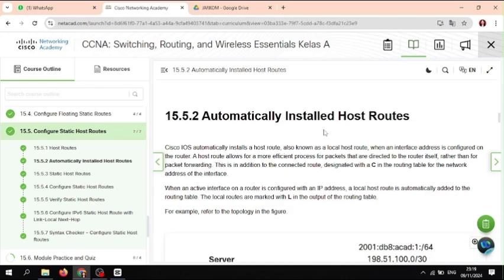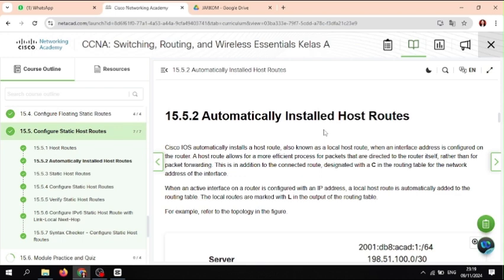Kemudian rute host yang terinstal secara otomatis. Jadi Cisco secara otomatis memasang rute host yang dikenal sebagai rute host lokal saat alamat interface dikonfigurasi pada router. Rute host memungkinkan proses yang lebih efisien untuk paket yang diarahkan ke router itu sendiri.